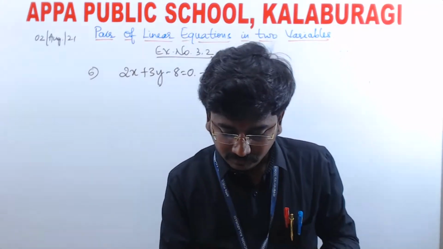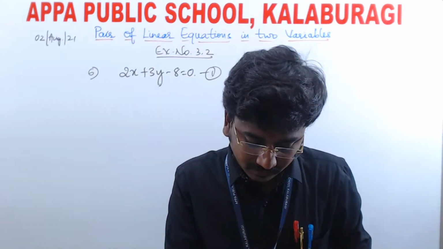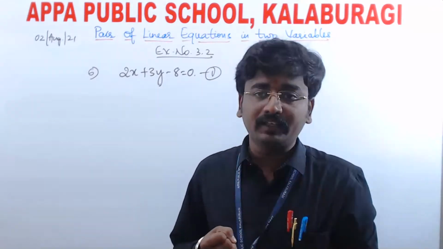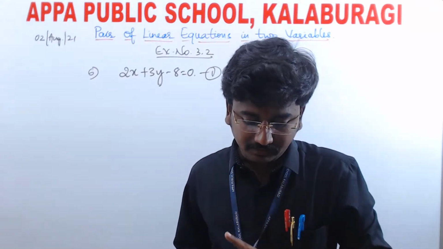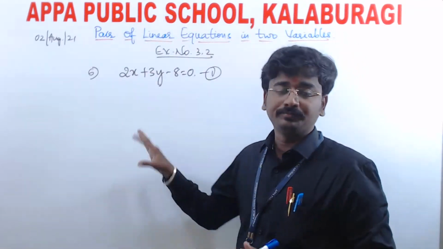Now what should I do? Write another linear equation in two variables such that the geometrical representation of the pair formed is intersecting, parallel, as well as coincident. Okay. So first let me make some points here.